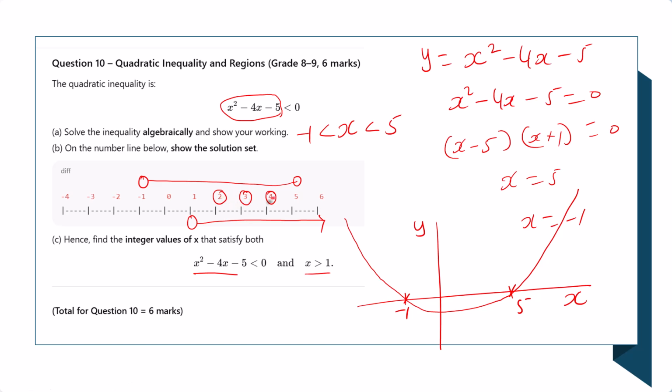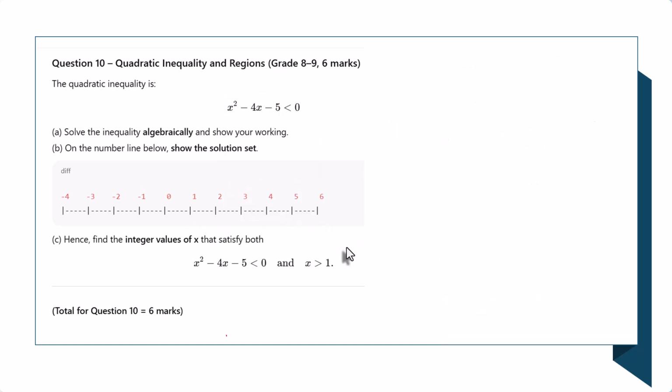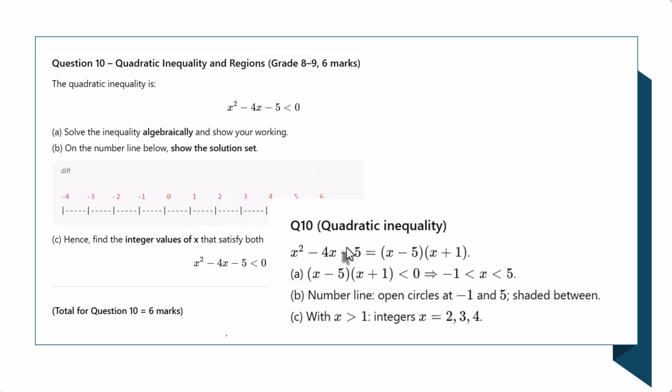So 2, 3, and 4 are bigger than 1, but at the same time, less than 5. That's what we are saying here. So the answer will be 2, 3, and 4. Okay? So that's that. If I show you the answers, hopefully there's no mistake in the answers. That's how to do that one.